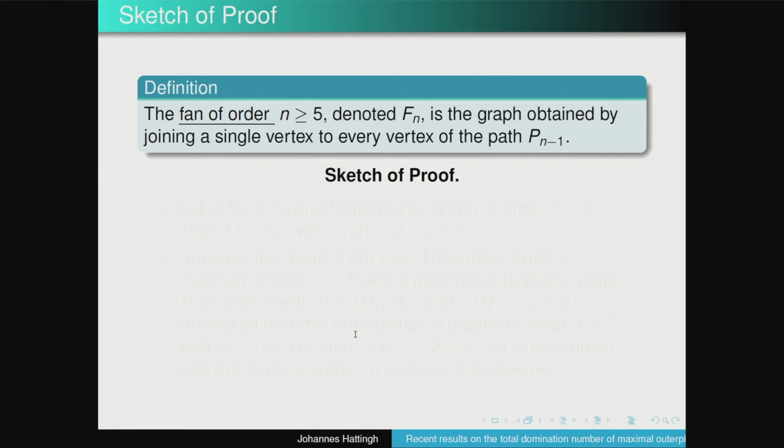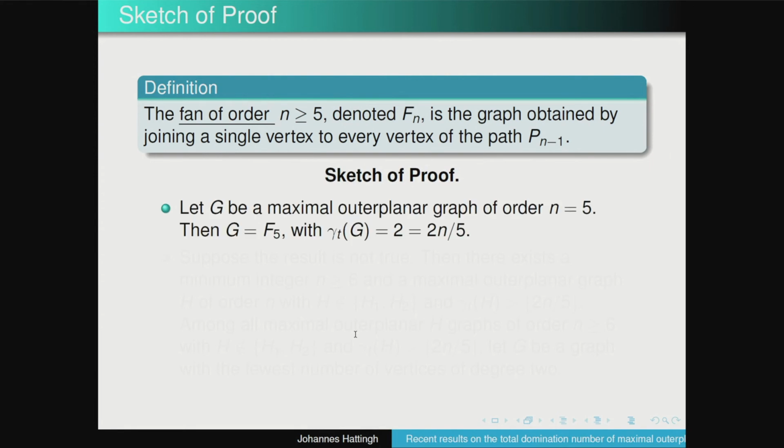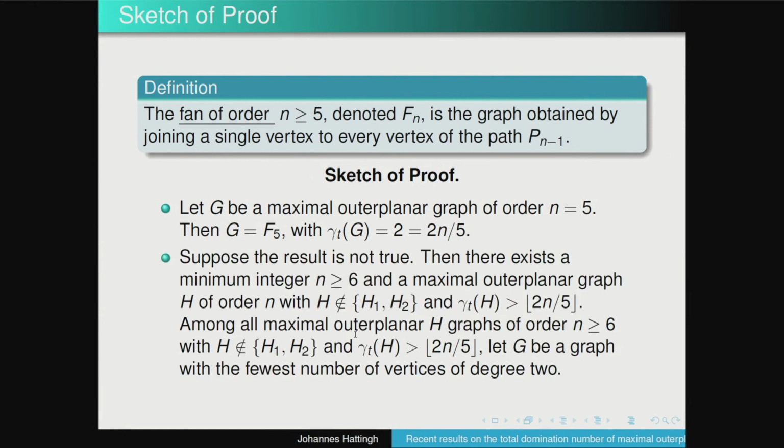So how does it work? We also use induction. Well, we don't use induction, actually minimal counterexample. So if you have a fan of 5 vertices, then obviously you can totally dominate it with only 2 vertices, and that's equal to 2n divided by 5. And now you suppose the result's not true.